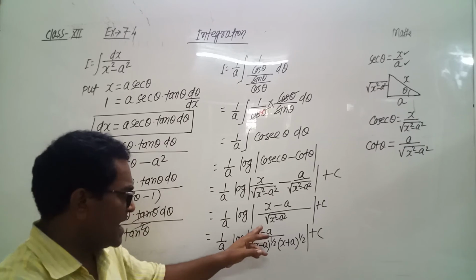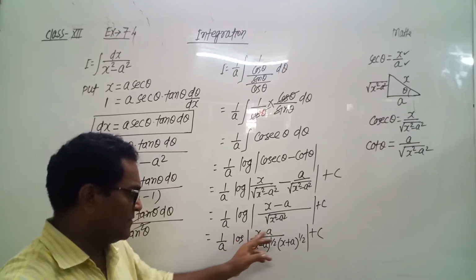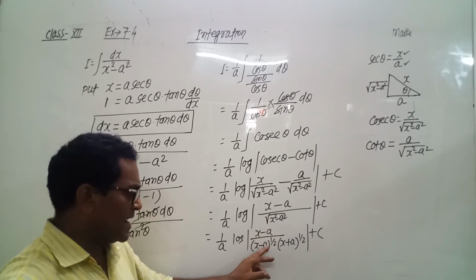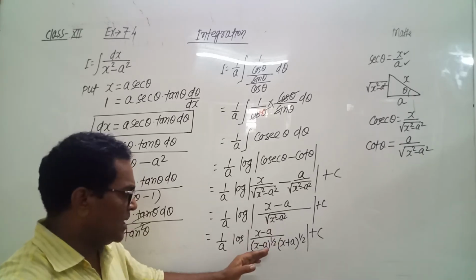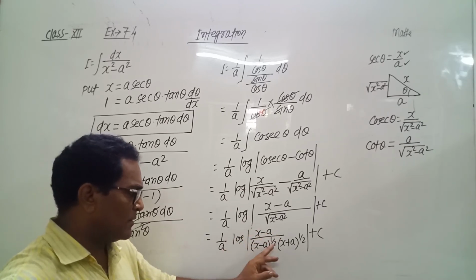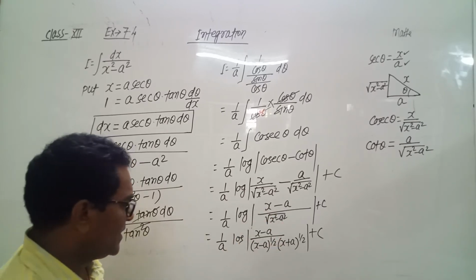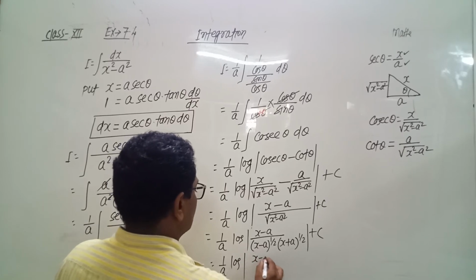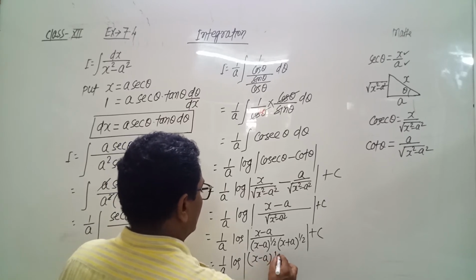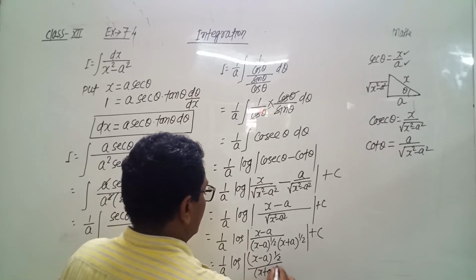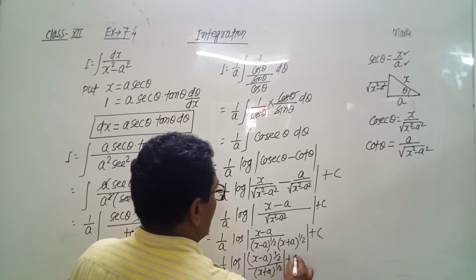Now x minus a raised to the power 1: if there is nothing written, it means it has power 1, and there is x minus a raised to the power 1 by 2, which will go to the numerator place. So x minus a raised to the power 1 minus 1 by 2 becomes plus 1 by 2. So 1 by a log, and we get x minus a raised to the power 1 by 2, and in the denominator x plus a raised to the power 1 by 2, plus c.